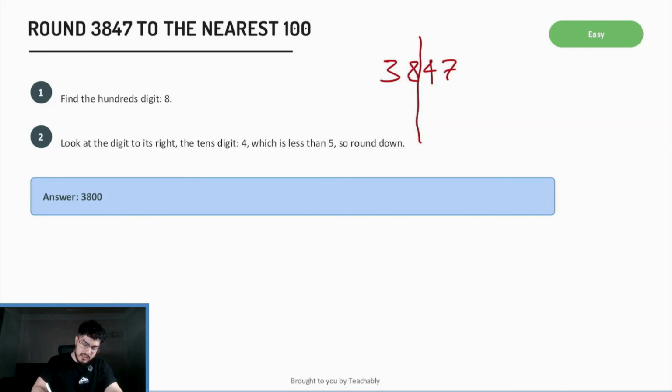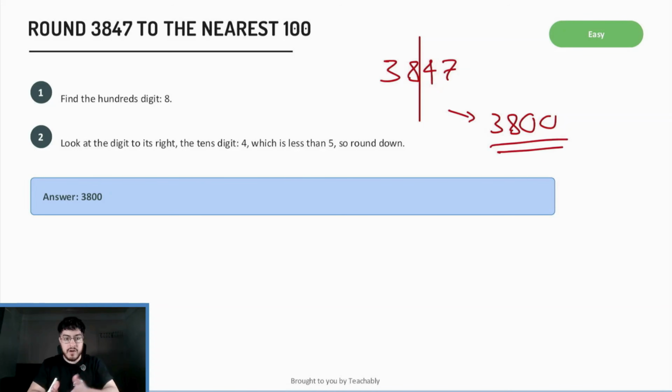Put a line right next to it. Check if this is 5 or more. It's not 5 or more, so it's less. So what we do is we make all of this 0 and leave this as it is. So this will then become 3800. If this number was 5 or more, then this would become 3900.